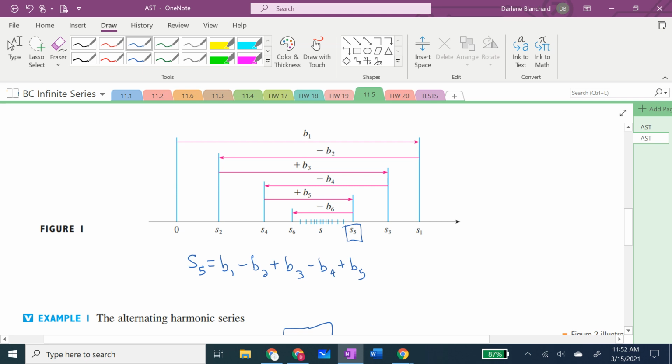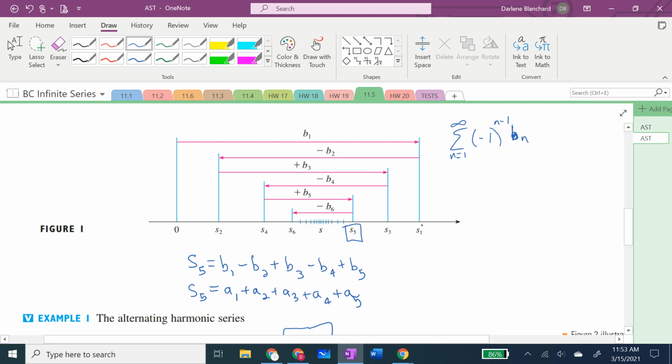And let me make sure to clarify that if I'm dealing with, say, the sum of -1 to the n minus 1 of b sub n, then I could also, in other words, say this is the sum of a1 plus a2 plus a3 plus a4 plus a5, where the a's have the negatives involved and the b's are the absolute value.